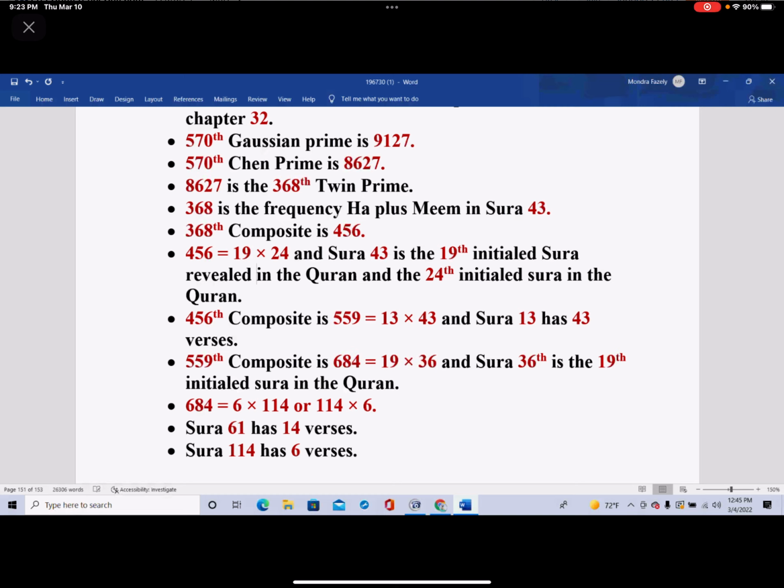So that's better now. Okay. So it's the 90th initial surah revealed in the Quran and the 24th initial surah in the Quran. So that's why it's 19 times 24. It's not 9 times 25. It's just not the mindless multiple of 19.